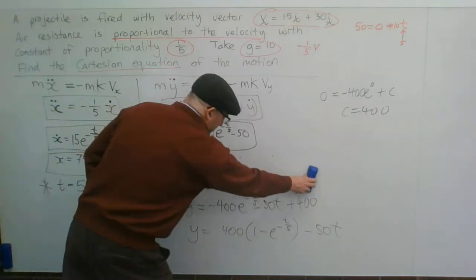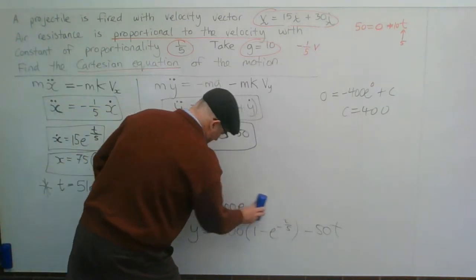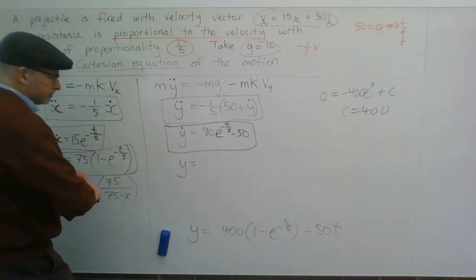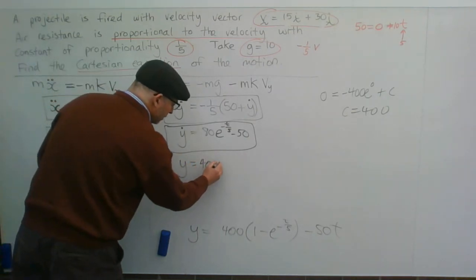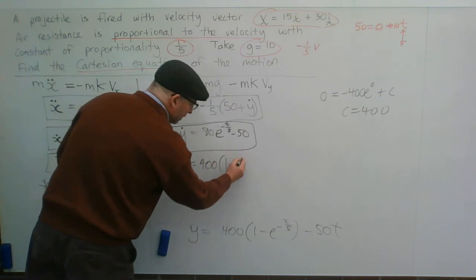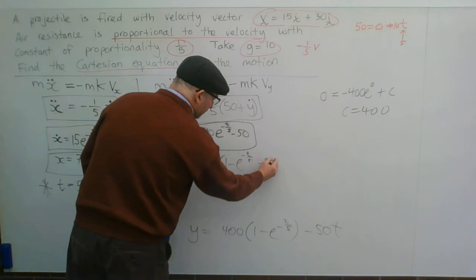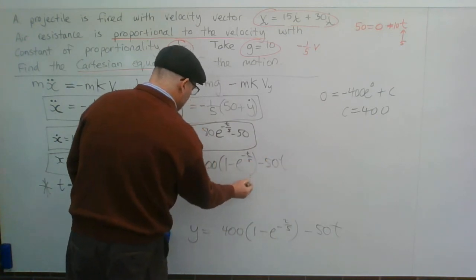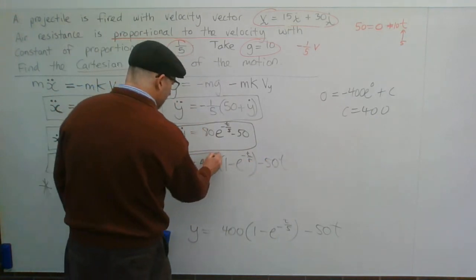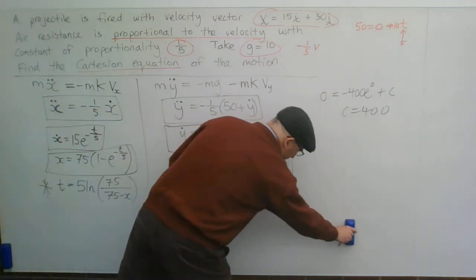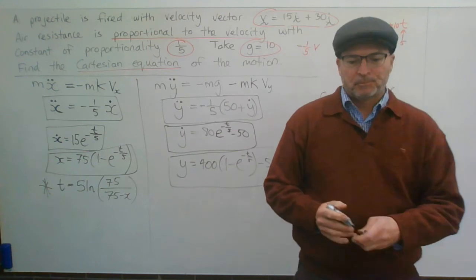So let me just write that equation down here. Y equals 400 times 1 minus e to the minus t on 5, minus 50 t. There's my vertical displacement.